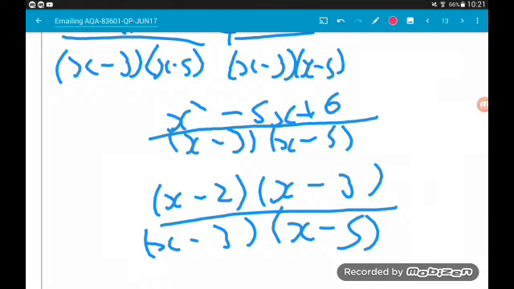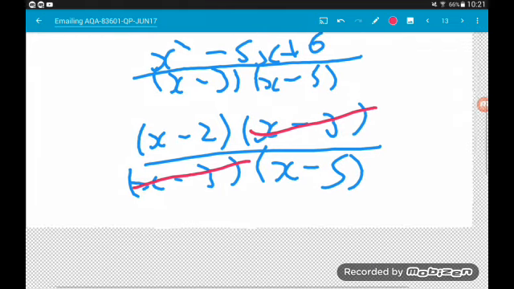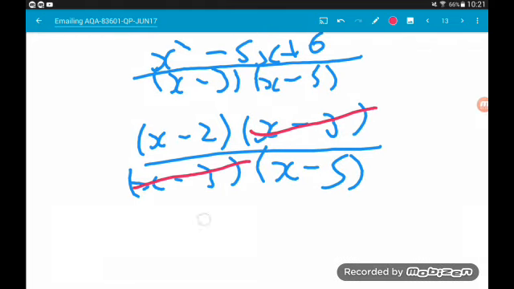We're then happy as Larry. We've got a common factor of x minus 3, which we can cross out. So then our final answer is x minus 2 over x minus 5. Job done.